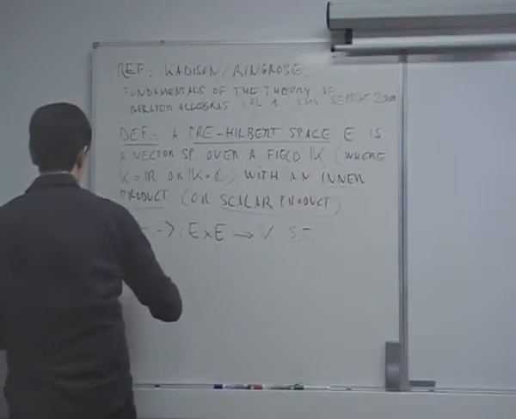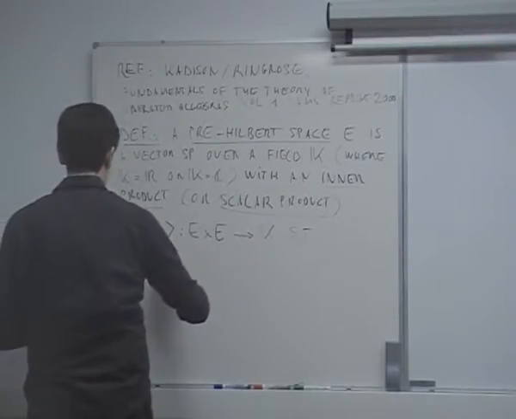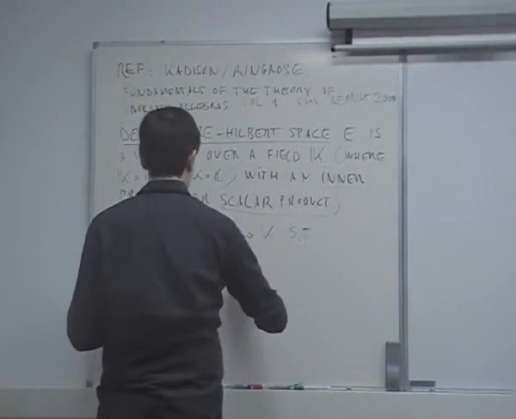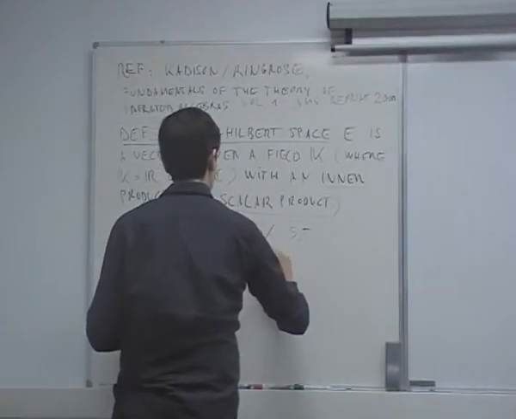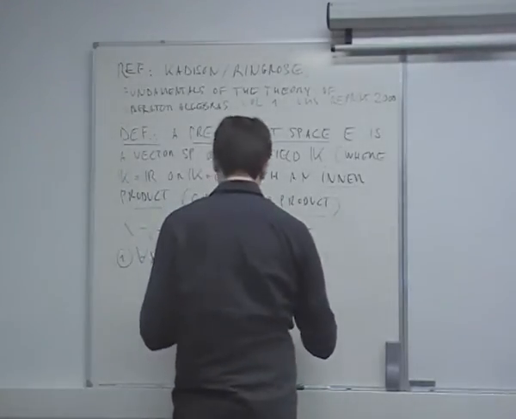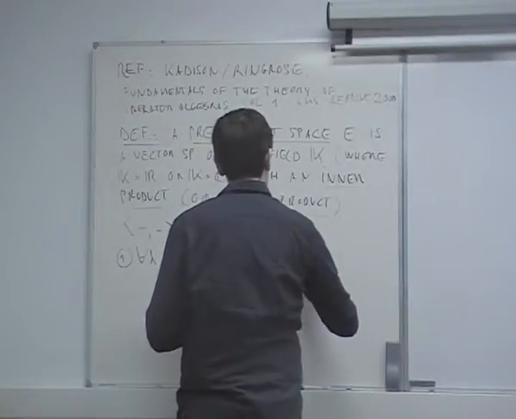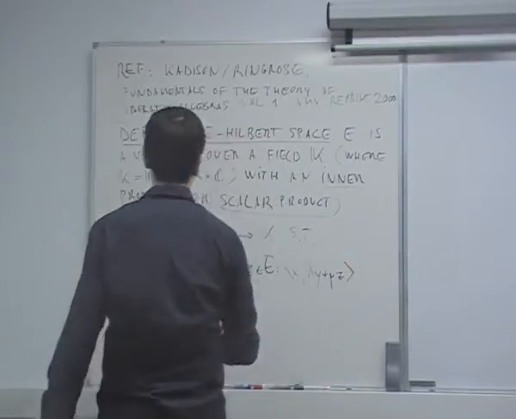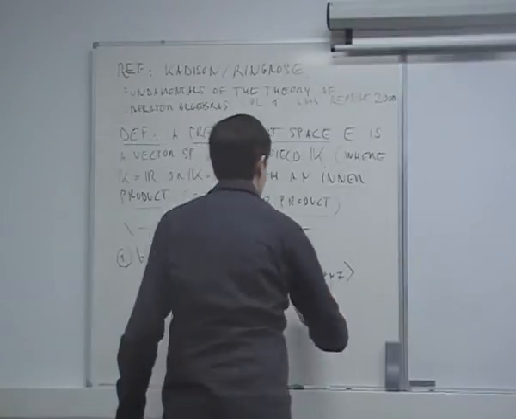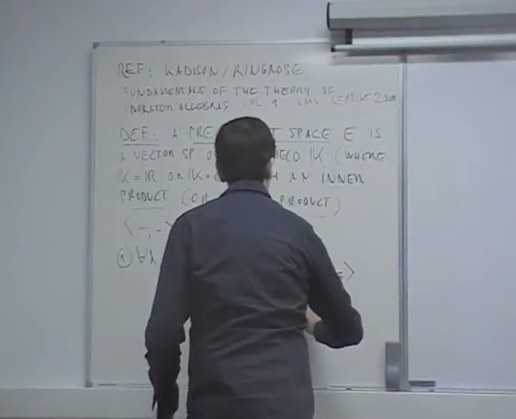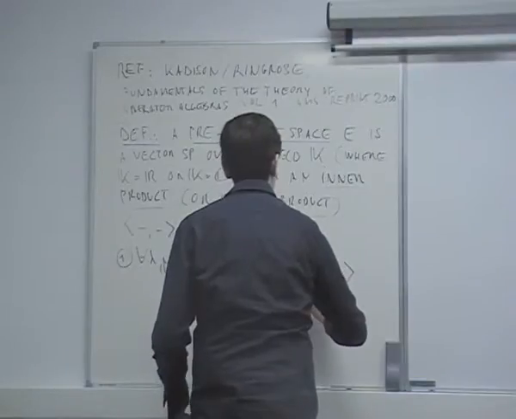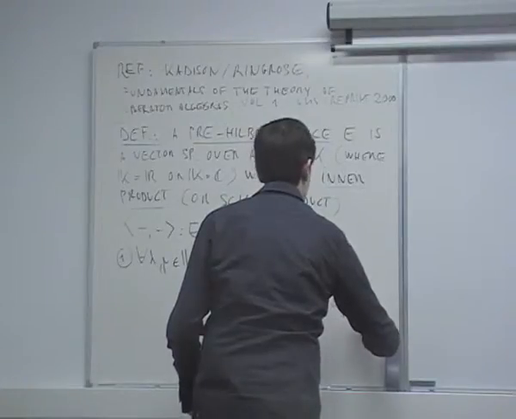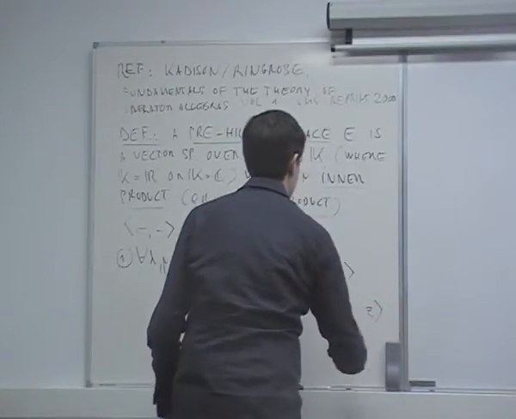First thing is, for all lambda and mu in K and for all x, y, z in E, you have that the scalar product of x with lambda y plus mu z equals lambda times the scalar product of x and y plus mu times the scalar product of x and z.